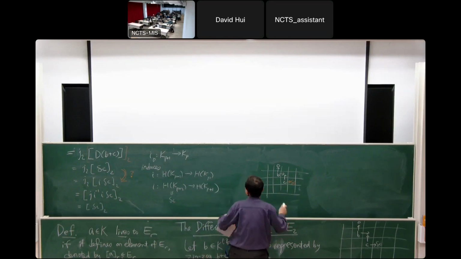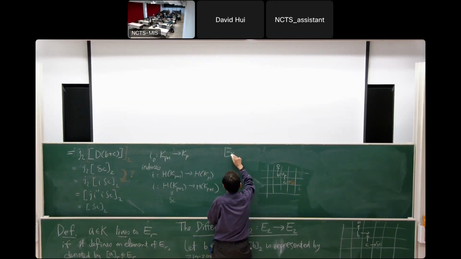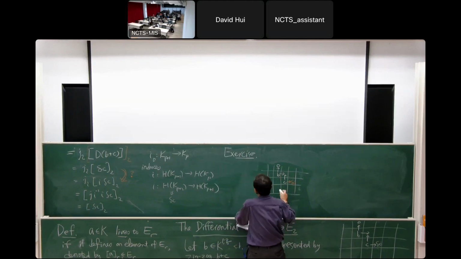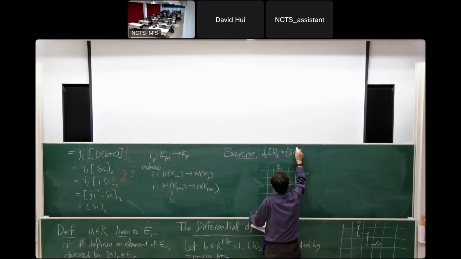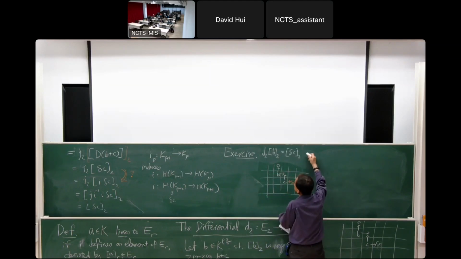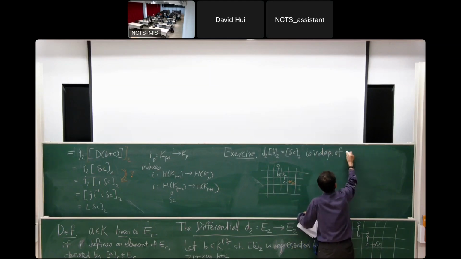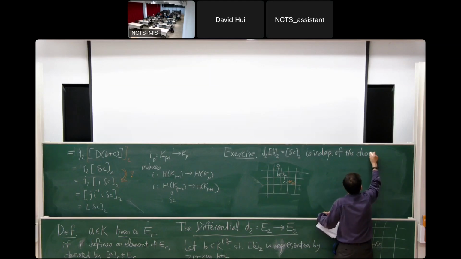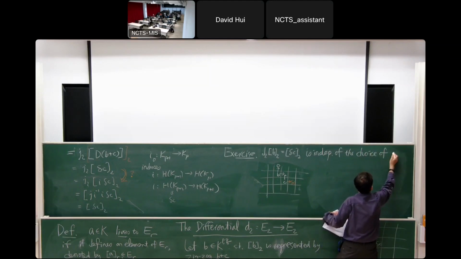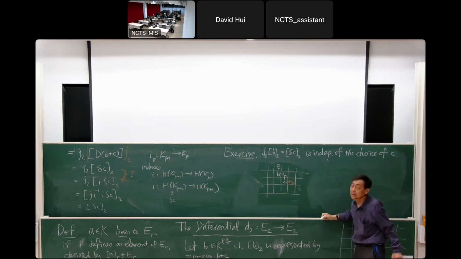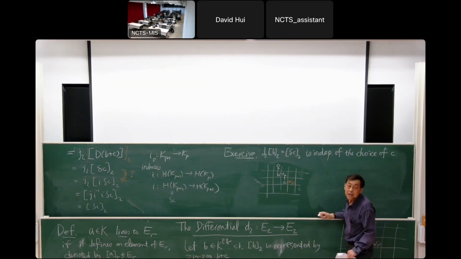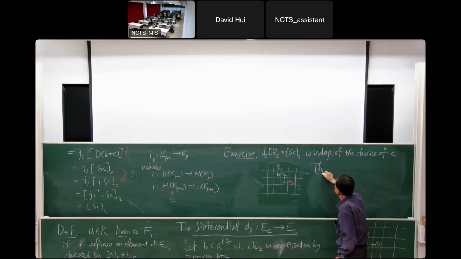That is not hard to check, so I'll put that down as an exercise. D2 of B2 is the class of delta C, and it is independent of the choice of C. And then we have the theorem.